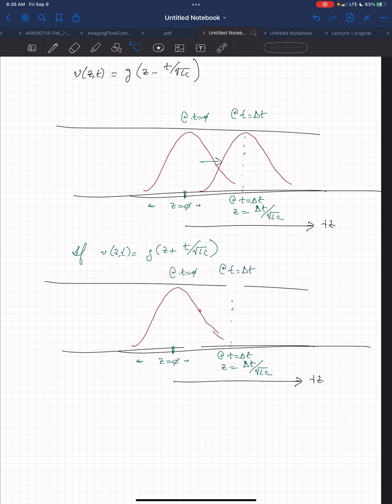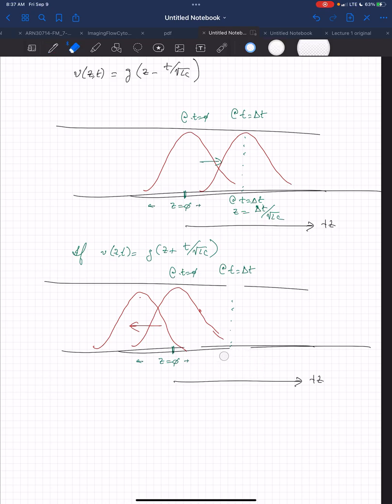Sorry guys, I'm being too clever here. Let me just draw the same waveform. It looks like it's traveling in the negative z direction because I'm doing z plus t over square root of LC as opposed to z minus t over square root of LC. Both of those are permissible answers to our wave equation.